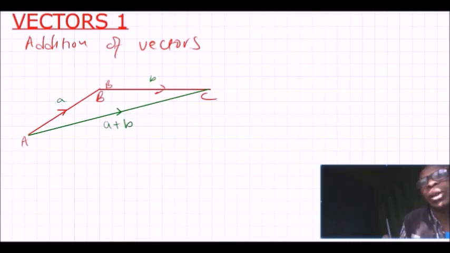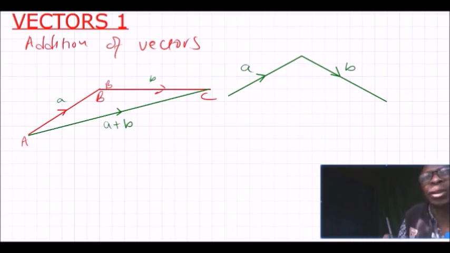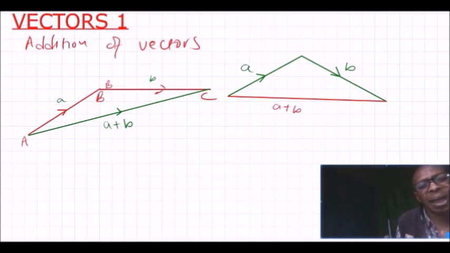So if you have a vector here, we put a vector there, a vector there. These are two vectors. We can say this is A, this is B. Then the resultant vector, or the addition of the two vectors, is A plus B. So that is how we add two vectors.